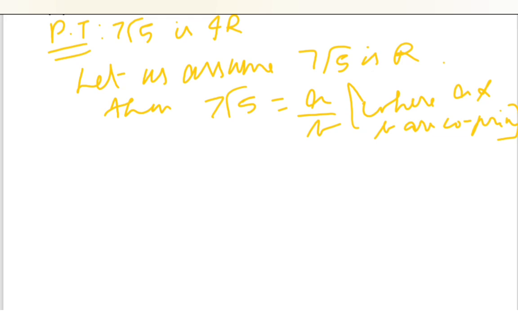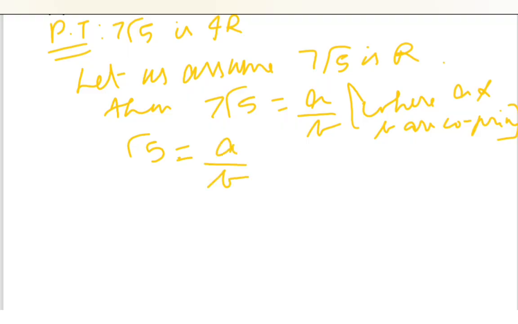So we have said that it is rational. Now we are keeping root 5 in the LHS and taking 7 to the RHS, because we are keeping the root numbers alone in the LHS and taking all the constants to the RHS, so that we can use the contradiction method and prove that the given number is irrational. So root 5, taking 7 to the RHS, is a by b divided by 7.